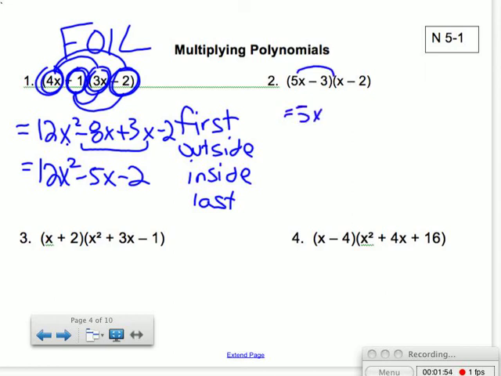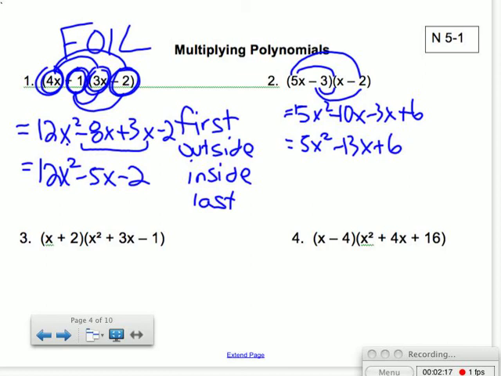Then 5x times negative 2, so minus 10x. Then negative 3 times x, so minus 3x. And then negative 3 times negative 2, plus 6. And then you're going to collect in the middle, so 5x squared minus 13x plus 6, and you're finished.